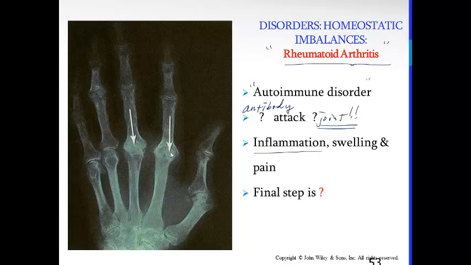And if worse comes to worst, there is a fusion of the joints. This is where the joint fuses and becomes a bony joint, a continuous stretch of bone. That means you have lost mobility in these regions.